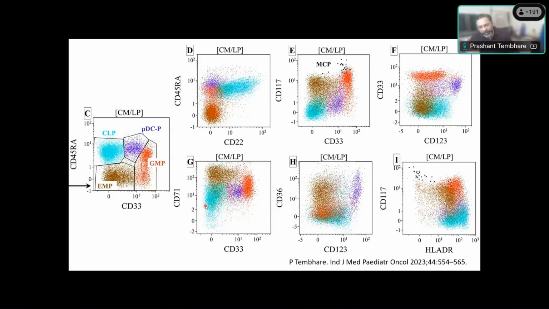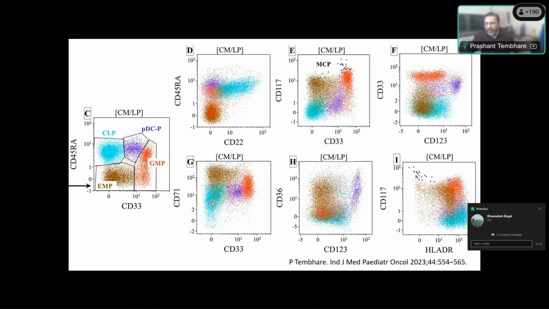There is another way to look at it, but for the sake of understanding for today's class, something close to the highest level of the axis we'll call bright or strong expression. Close to zero, we'll call negative, and something in between, we'll call dim or moderate. These are the terminologies I am going to use.